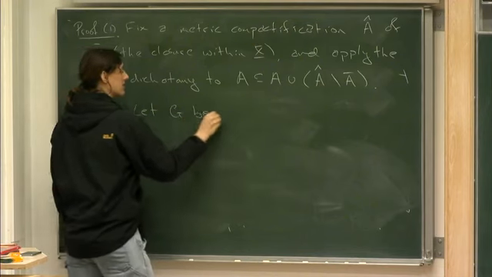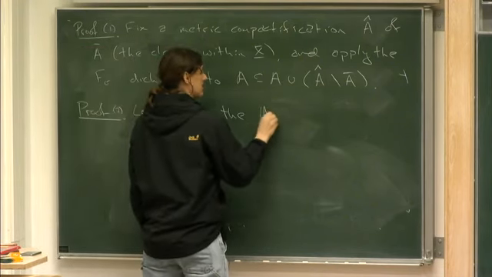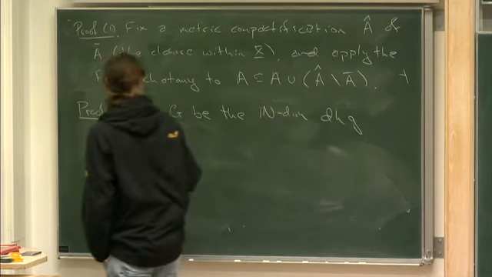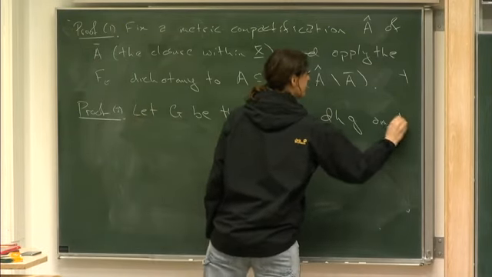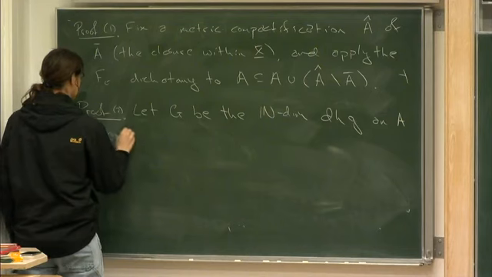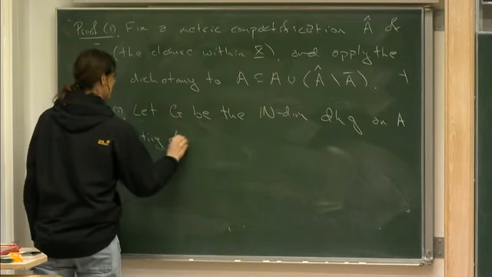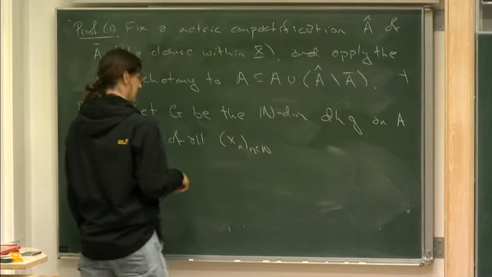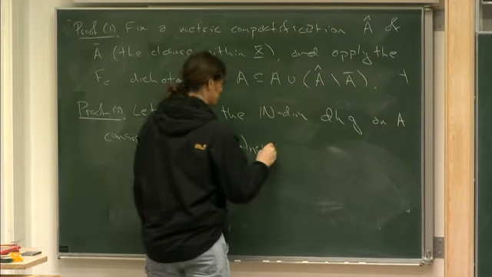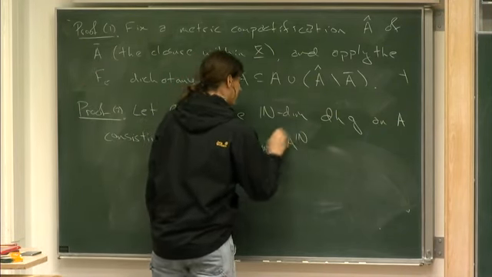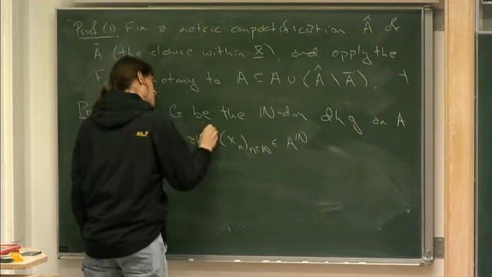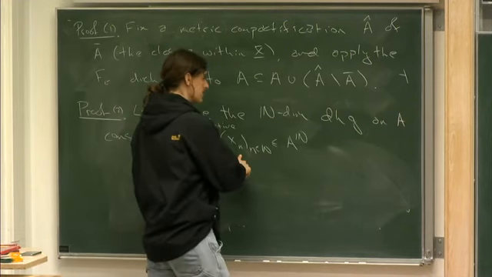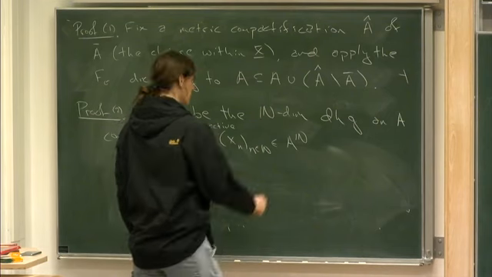Let G be the n-dimensional di-hypergraph on A consisting of all sequences x_n in A^n. I guess I want them to be injective now. Injective sequences x_n in A^n with no convergent subsequence.